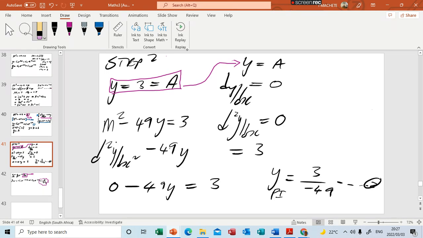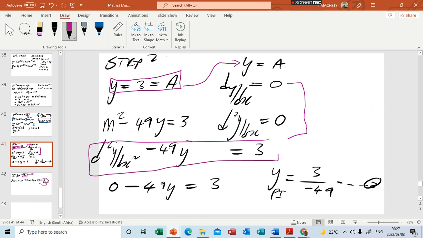Then after getting these values, they take you back to the original equation. The original equation was like this. This was your original equation. Remember? On that original equation, you're gonna substitute your dy over dx and d squared y. Oh sorry guys, what did I do?